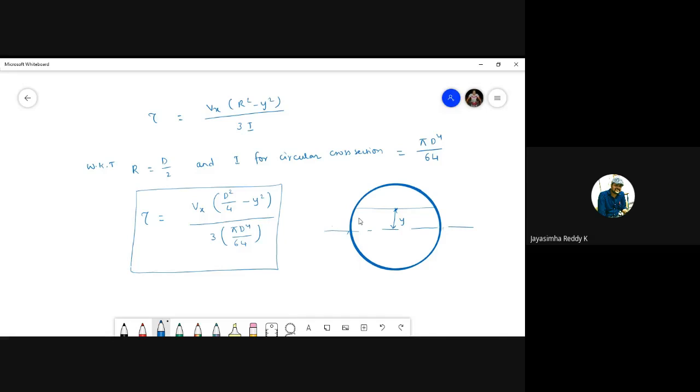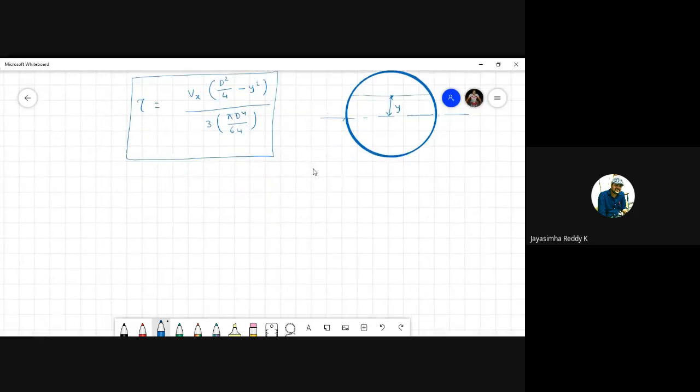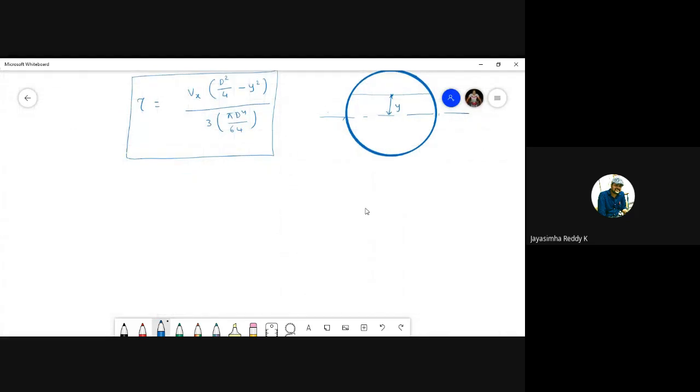Okay, so this should be noted, and this is what we have got now. Now if you want to know where it is maximum, if you observe the equation carefully, students, if y is equal to 0, this equation becomes maximum.